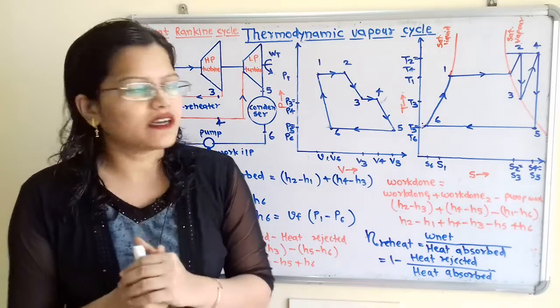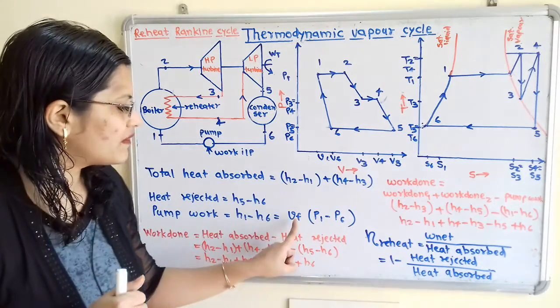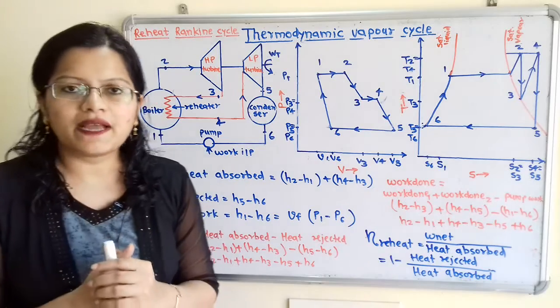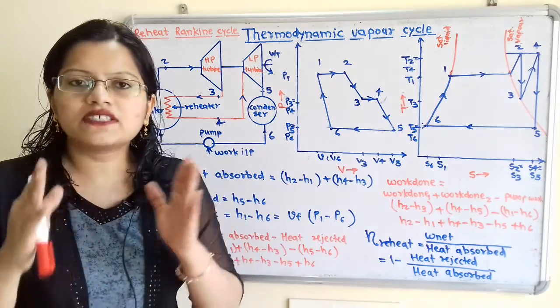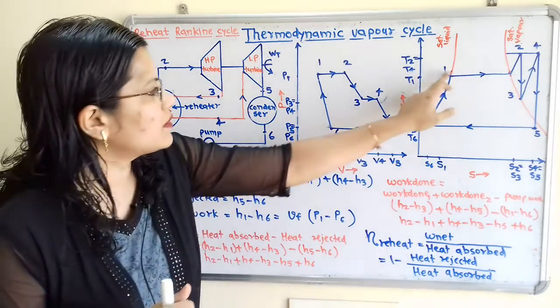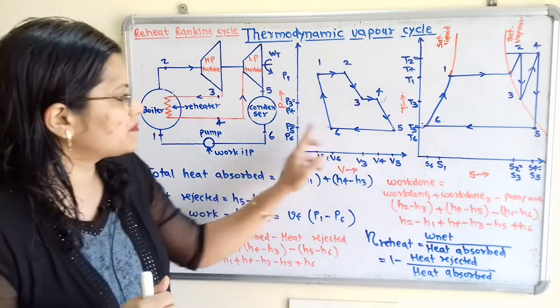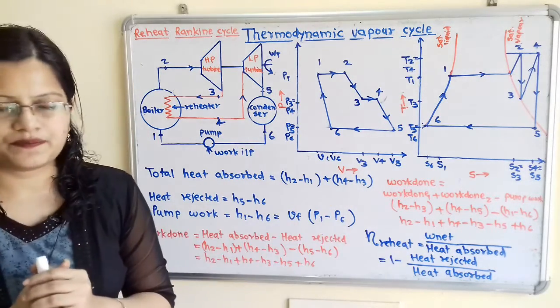So we will use Vf at the condenser pressure, multiplied by the difference in pressure between points 6 and 1. At point 1 the pressure is P1 and at point 6 the pressure is P6. So we take P1 minus P6.